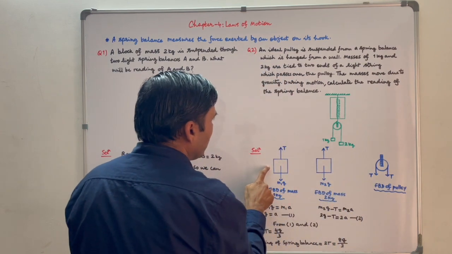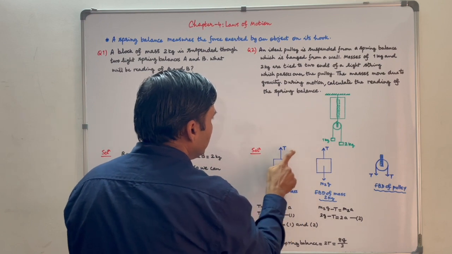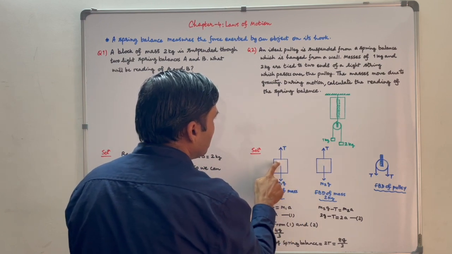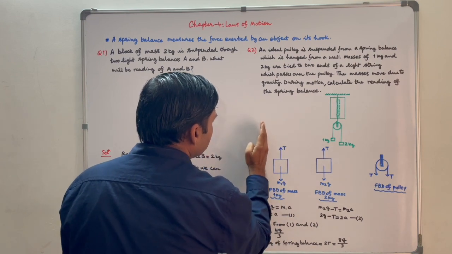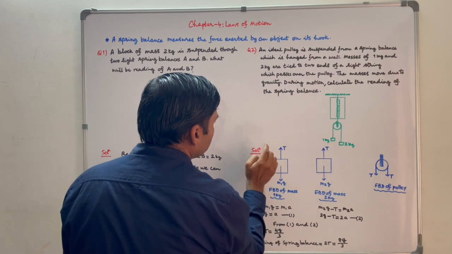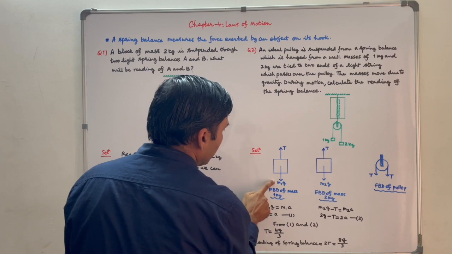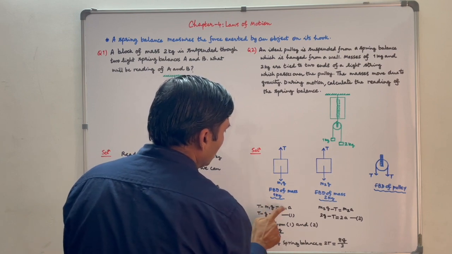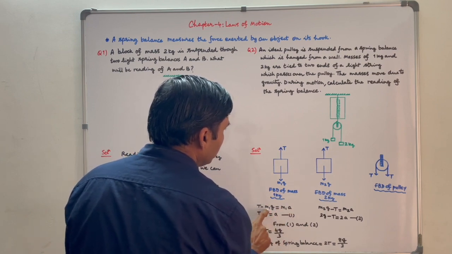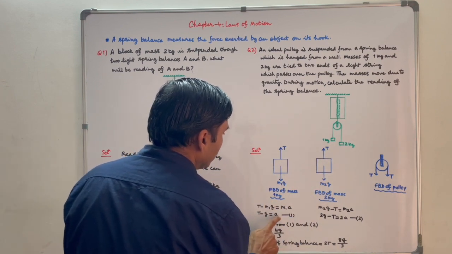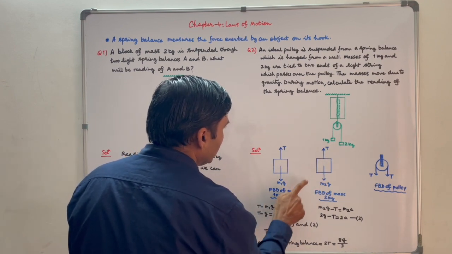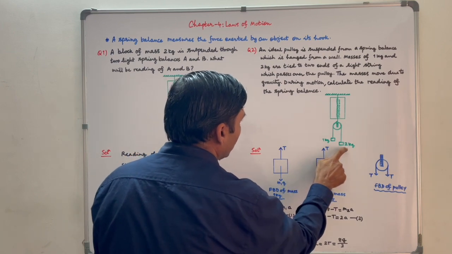This is FBD of 1 kg block. T is the tension created on it by this string. This block is moving upwards, so net force will be upwards. It will be T minus m1g and that will be equal to m1a. m1 is given as 1 kg. So T minus g is equal to a. This is first equation. This is FBD of 2 kg block.